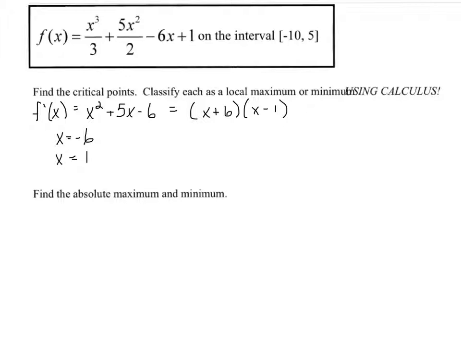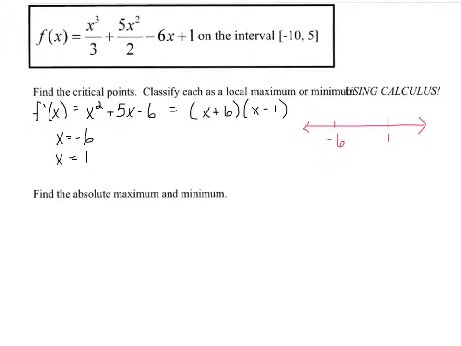Now, it's a parabola, so remember, a critical point is anywhere the derivative is 0 or undefined. But the derivative is not going to be undefined here. It's only going to be 0. Now, we're going to classify in the original function. So let's go over here. Let's do a little sign analysis on our derivative. I'm going to put in my critical points, like that.